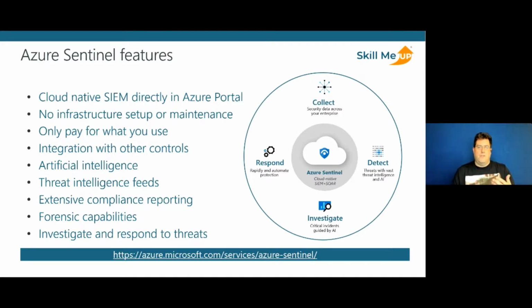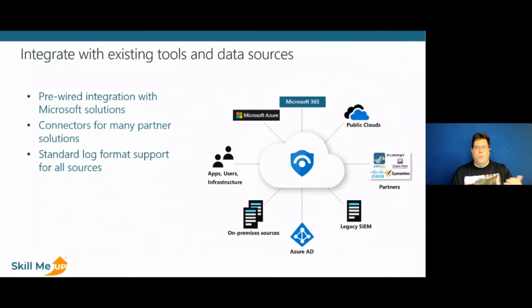I've done some expert talks already around Azure Sentinel and Azure Security Center, so I'm not going to get into a huge amount of detail on Sentinel today, but just understand some of the features and functionality of Azure Sentinel, and how we can integrate it with some of our existing tools and data sources.